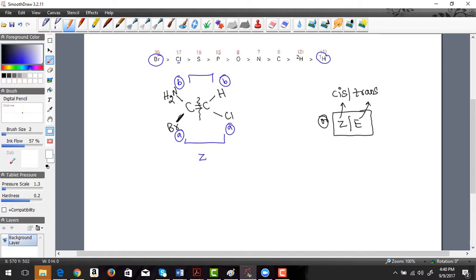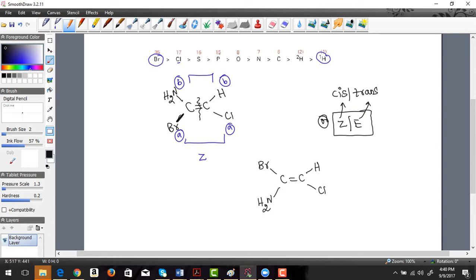You guessed it. What I'm going to do next is just flip one of the groups. So it's C double bond C with H, Cl and Br. You don't want to flip both. You only flip once. Again, there may be questions where you will be asked to do this and I will give you the name.